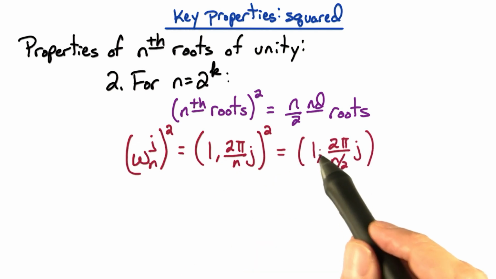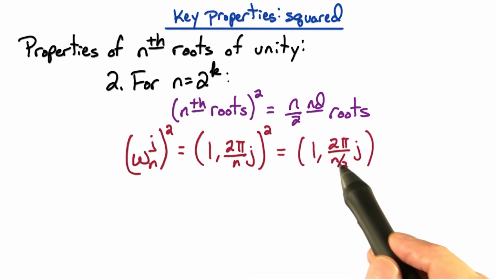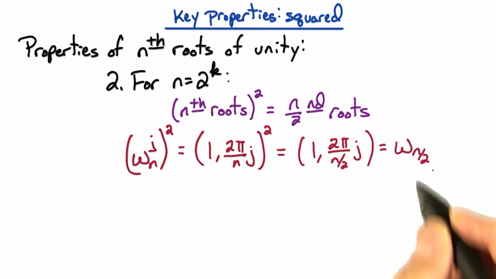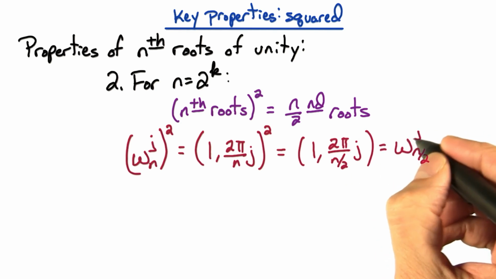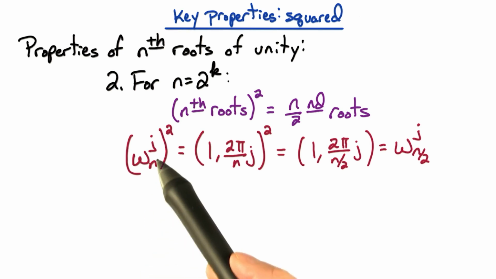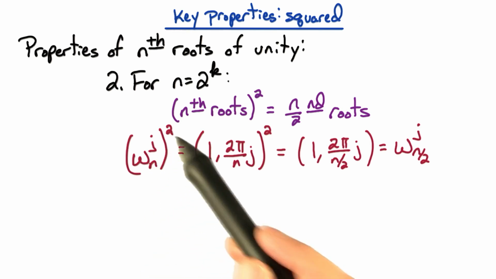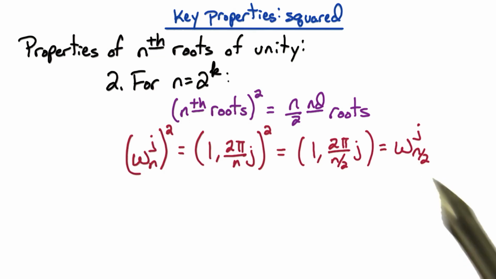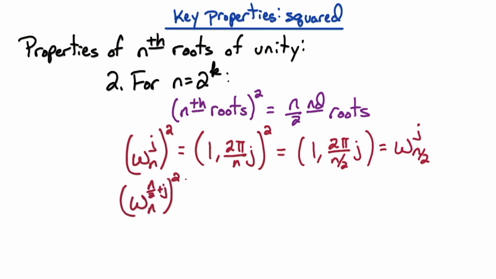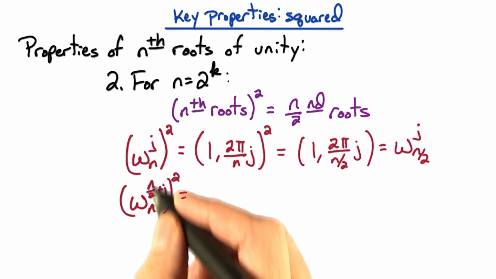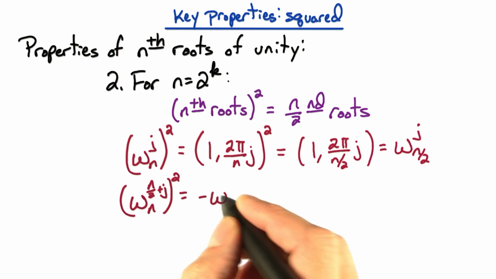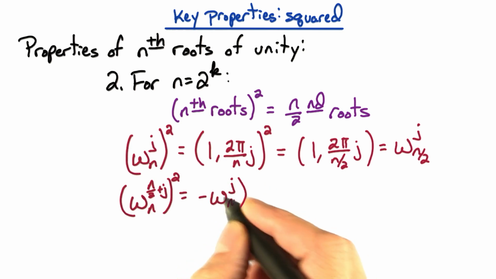So we get the point (1, 2 pi over n over 2 times j), which is omega sub n over 2 to the jth power. So the jth of the nth roots squared is the jth of the n over 2nd roots. And similarly, if we take the n over 2 plus jth of the nth roots and we square it, well, this is just the opposite of this. So when we square the negative of it, we get the same thing.